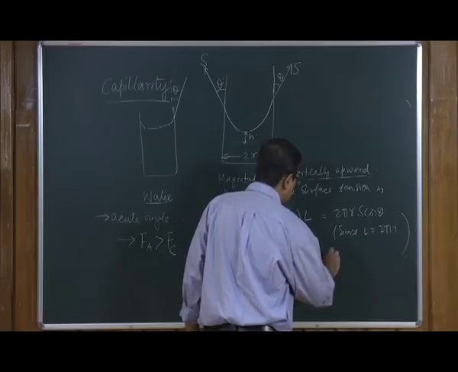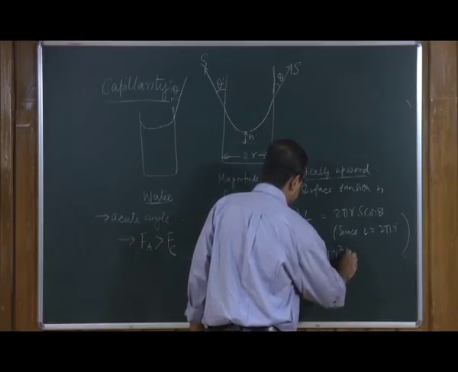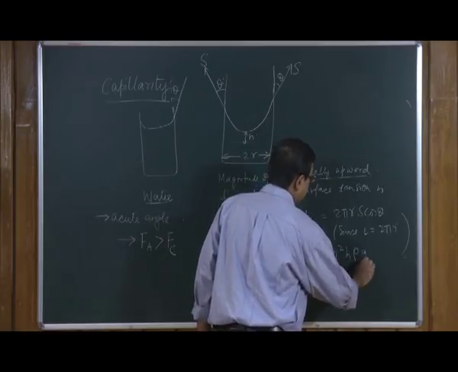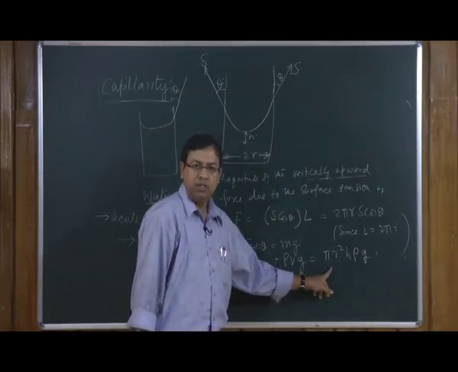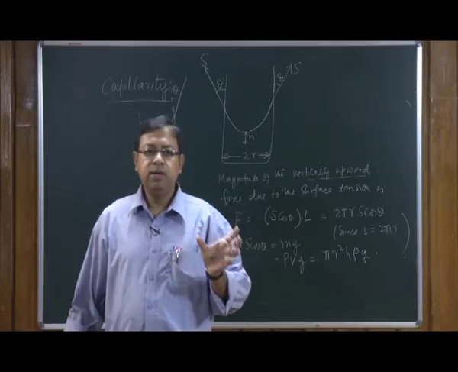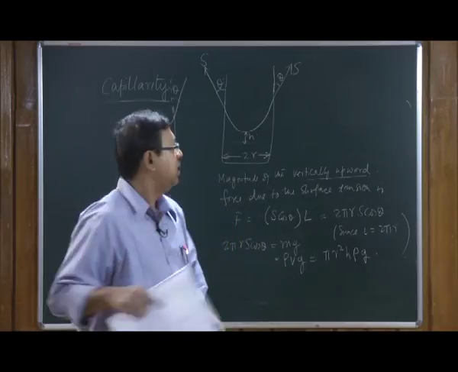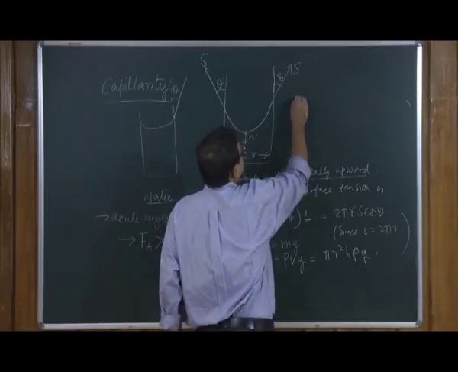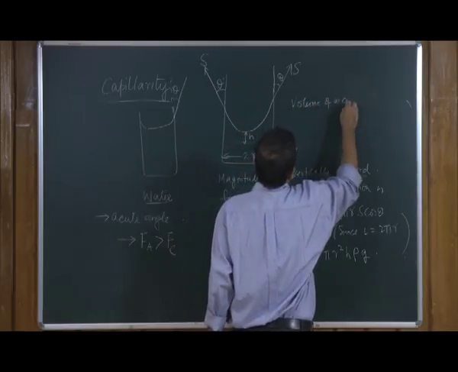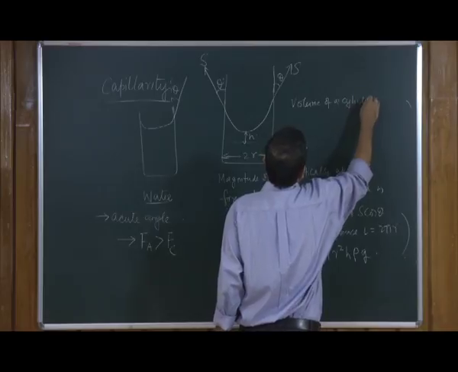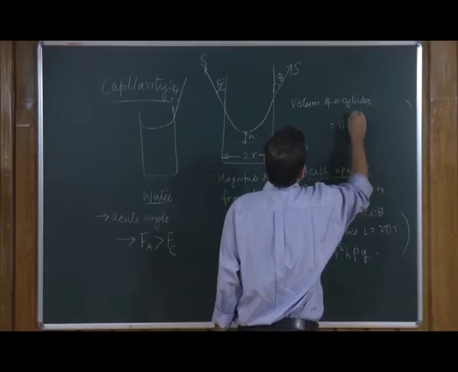So, this is equal to pi r square h rho g, where v is replaced by pi r square h, since the volume of a cylinder is equal to pi r square h.